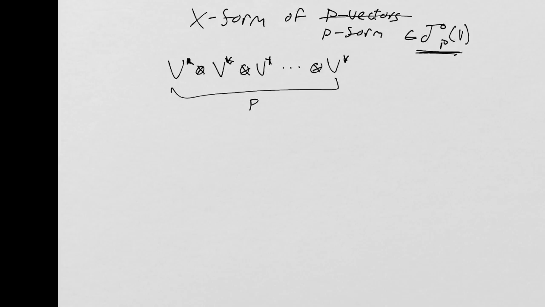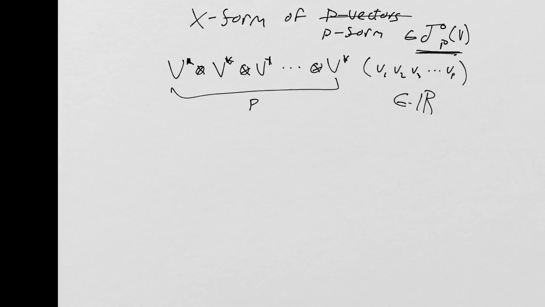And those things are a map that take a bunch of vectors, v1, v2, v3, up to vp, and gives you a real number, an element of the real numbers. So we know how that works, and we know how those things transform.